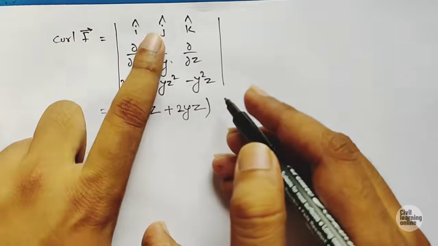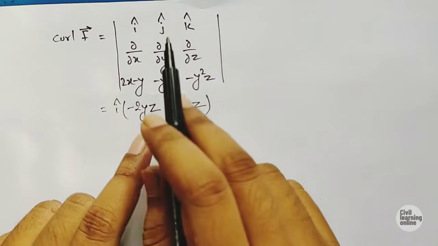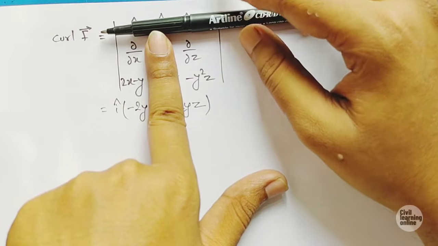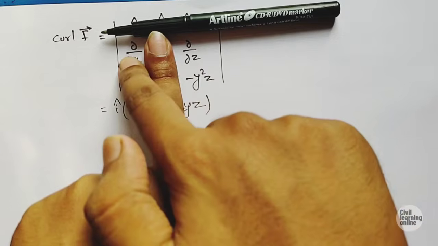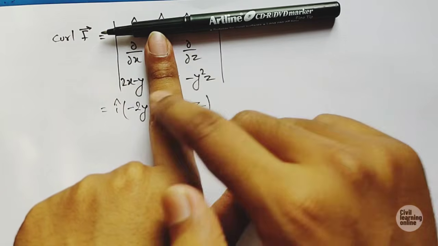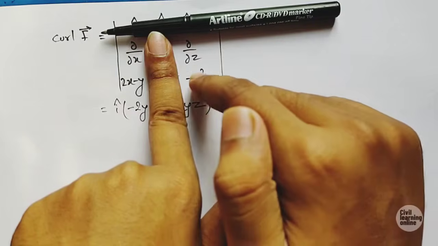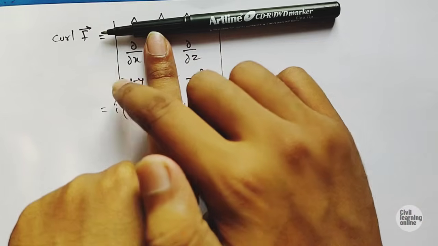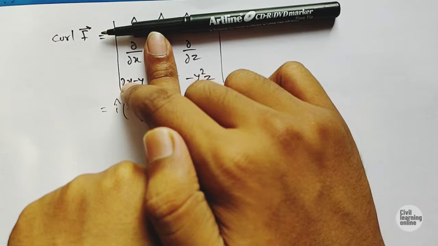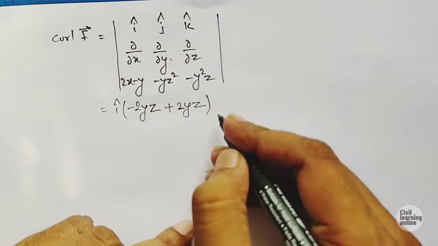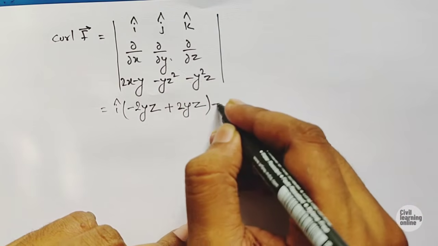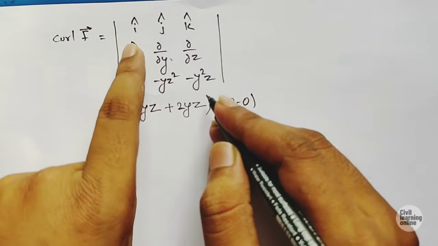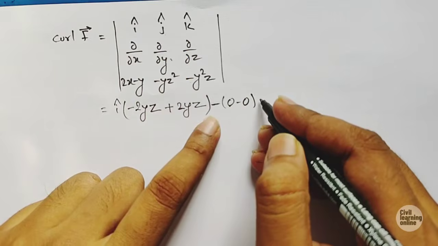Now for j cap, cover this and this. So we need to find the derivative of this portion with respect to x and the derivative of this portion with respect to z. It will be 0 because there are no such terms here. Here we are differentiating with respect to x, and x is missing, so it will be 0. Similarly, differentiating this portion with respect to z, z is missing, so it will be 0. So we can write 0 minus 0, downward positive, upward negative, times j cap.